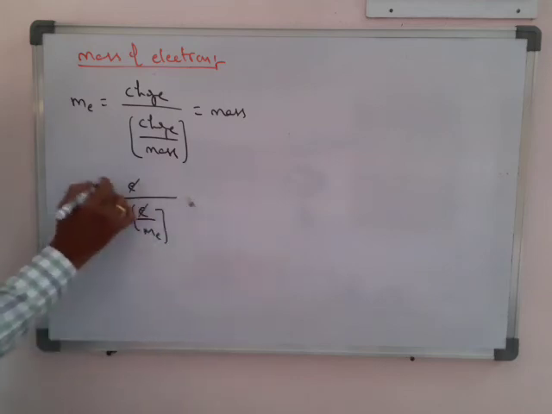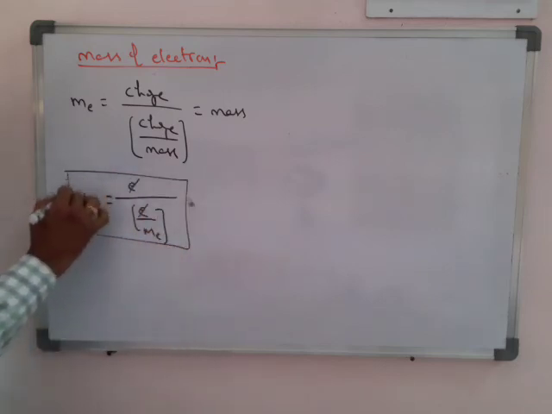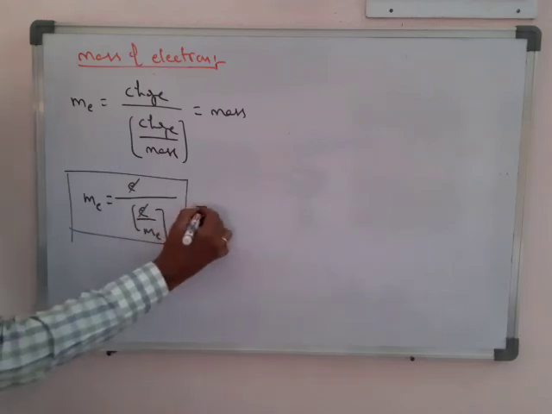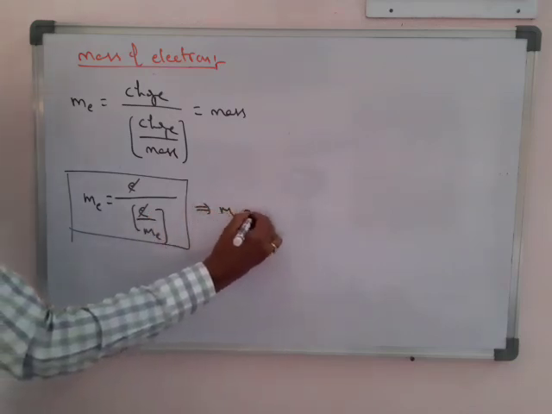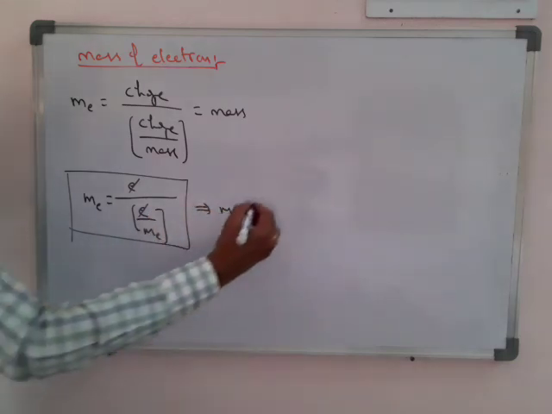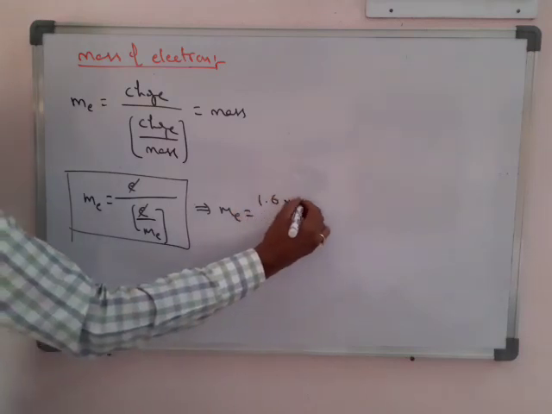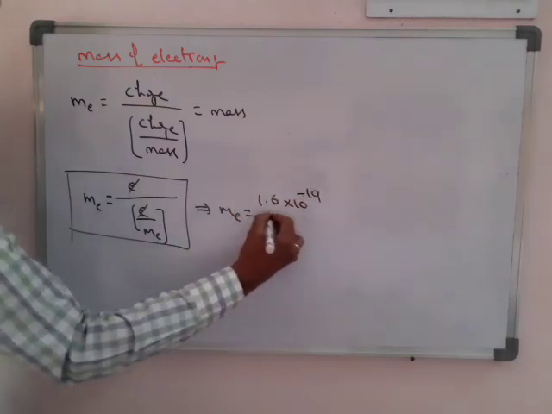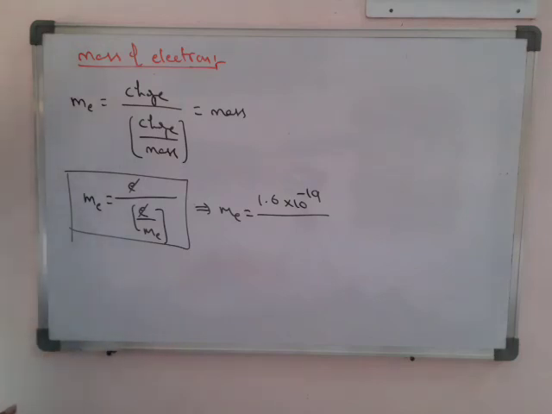Using this formula we can calculate the mass of the electron. What is e? The charge obtained for the electron, 1.6 into 10 power minus 19 coulombs.